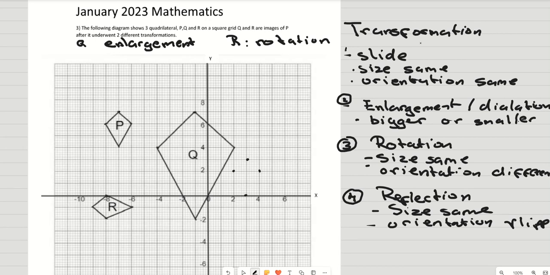Or you could just do the same thing that I just did. 10 units across, that's 1, 2, 3, 4, 5, 6, 7, 8, 9, 10. And 4 units down, 1, 2, 3, 4. So we got that there. You do the same thing for here. 1, 2, 3, 4, 5, 6, 7, 8, 9, 10.